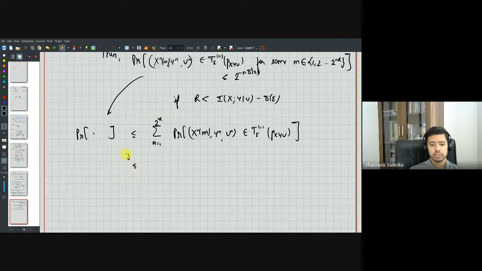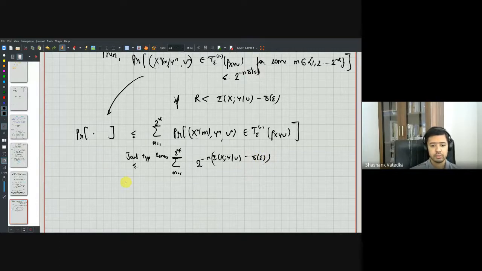And just by the joint typicality lemma, this probability is less than or equal to 2 to the minus n times the mutual information between X and Y given U, minus some delta of epsilon.